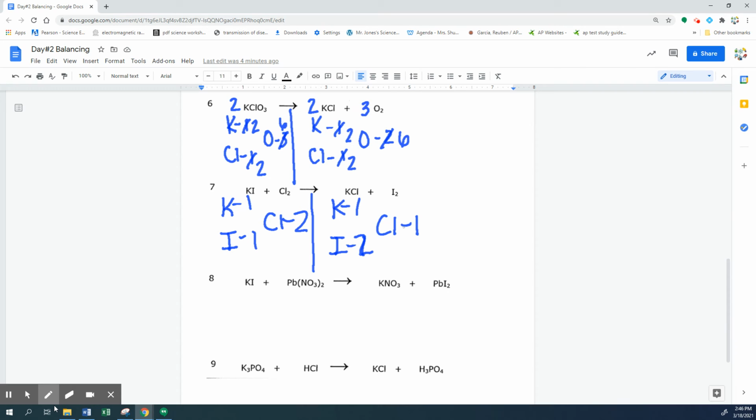So I need 2 chlorines over here on the product side. So I'm going to put a 2 in front of my KCl. That is going to change my potassium and my chlorine.